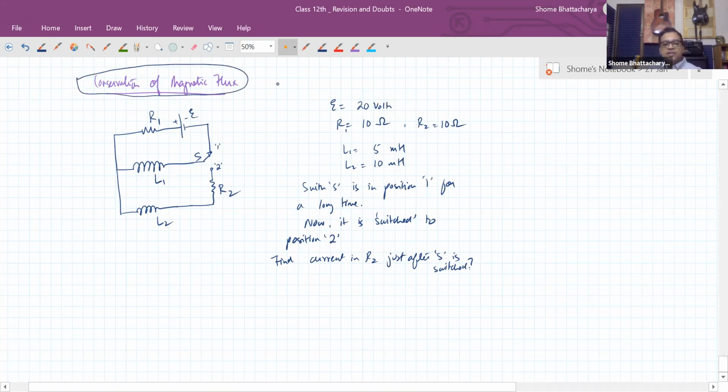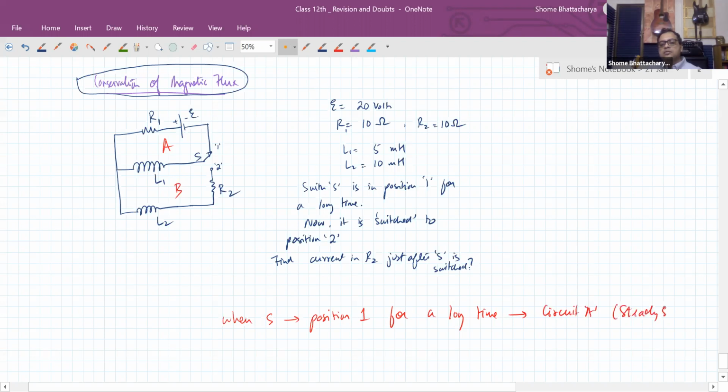So let's say this is circuit A, and this is circuit B. When the switch S is in position 1 for a long time, that means circuit A is in steady state. At that point of time, there is this current, let's say I naught.